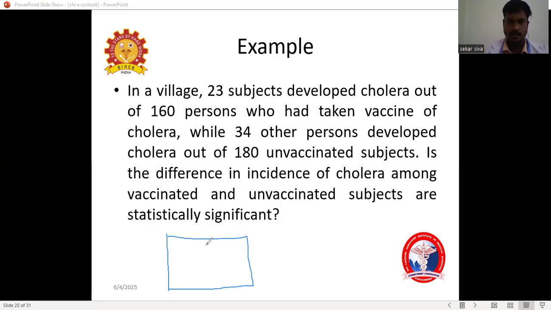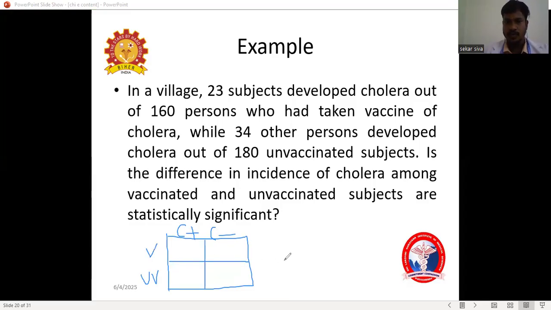Here the disease is cholera: cholera present or cholera absent, vaccinated, unvaccinated. Okay.